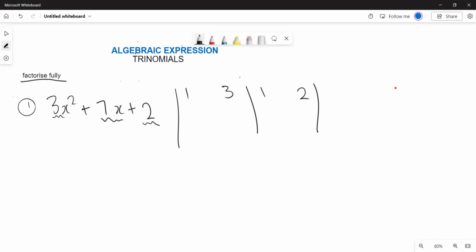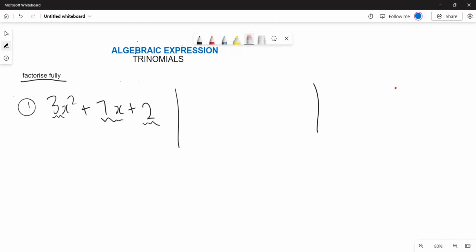Can you see that these two can give you your 6, and these ones can give you your 1, and 6 and 1 can then give you your 7? Okay, so therefore that's what you are going to do.